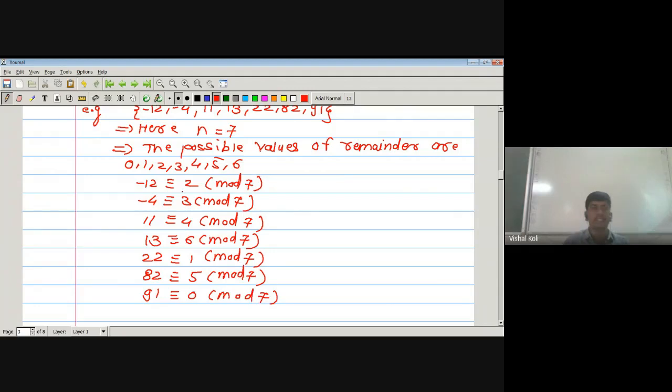Therefore, these 7 integers, -12, -4, 11, 13, 22, 82, and 91, are congruent to different remainders, since no two integers among these 7 integers are congruent to the same remainder.